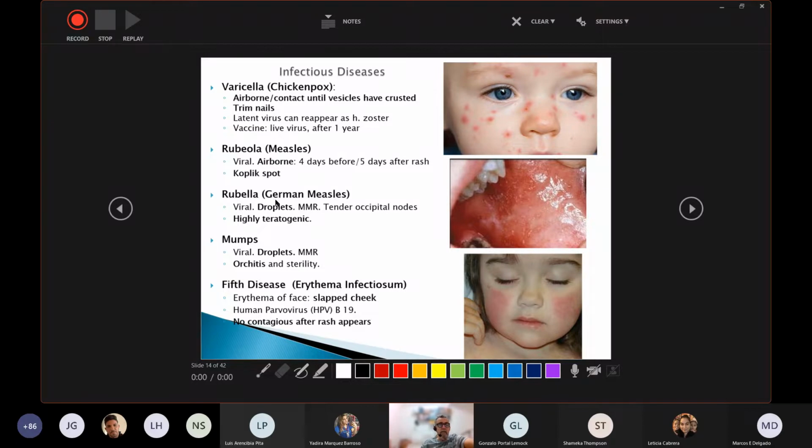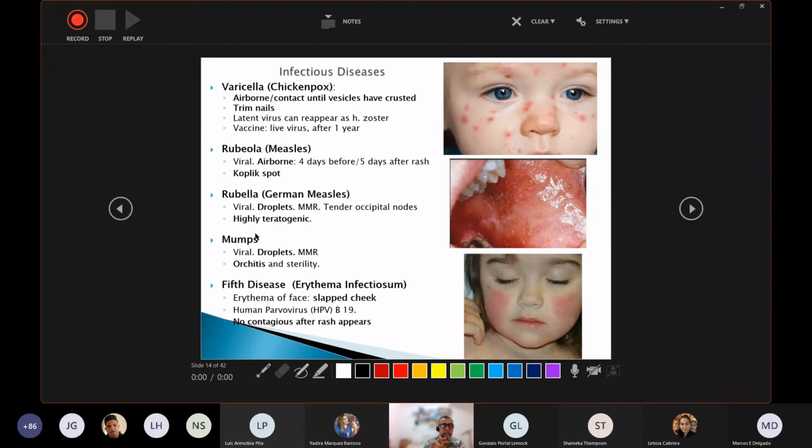Rubella, also called German measles, is a very benign, very mild viral disease, okay, but it is highly teratogenic, and for that reason should be avoided. But it's teratogenic in the first half of the pregnancy, before 18 weeks.